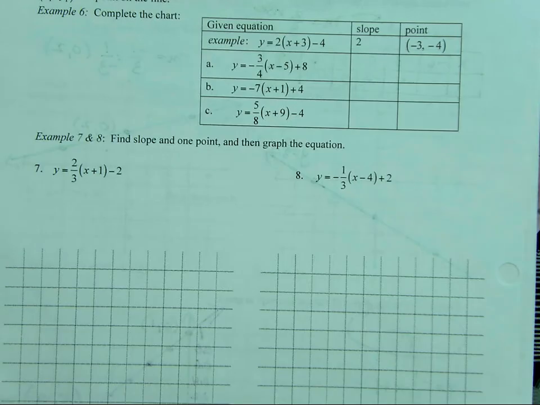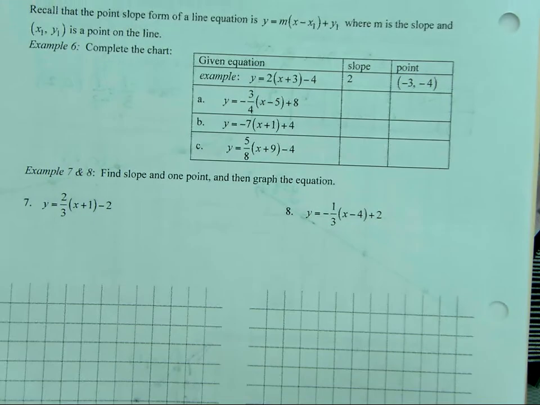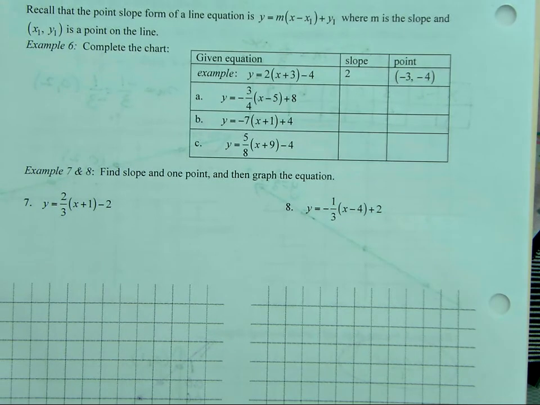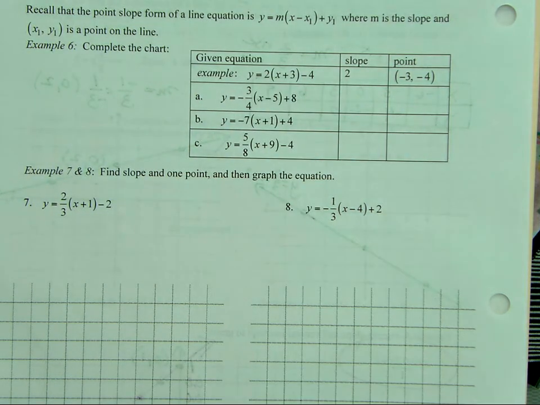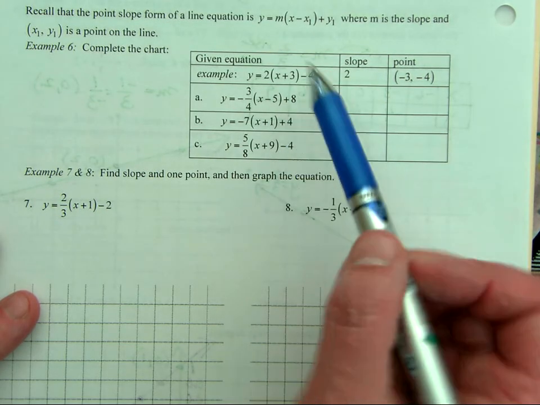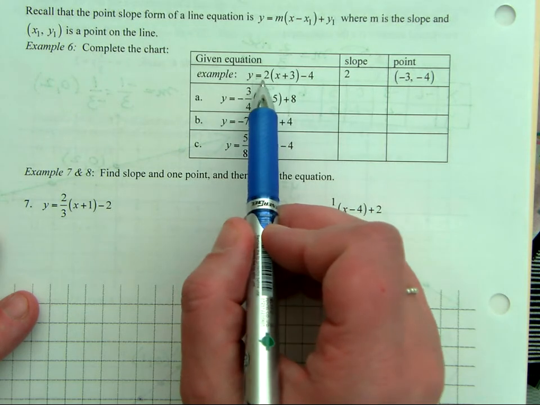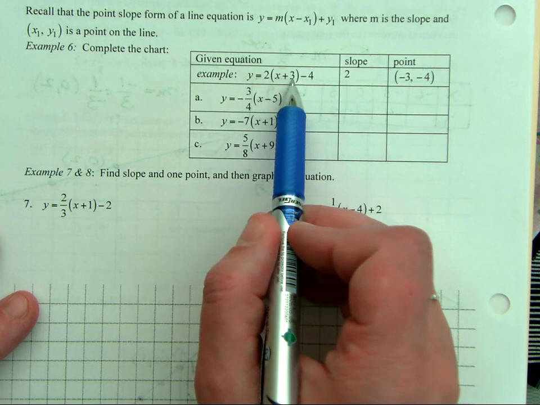So the idea here is if I wanted to graph that line, I could use the point and then use the slope from there. So in this chart here, we have a couple of different examples of problems that are written in the point slope form. And just looking at the equation, can we identify what the slope is? So this example says y equals 2 times (x plus 3) minus 4.